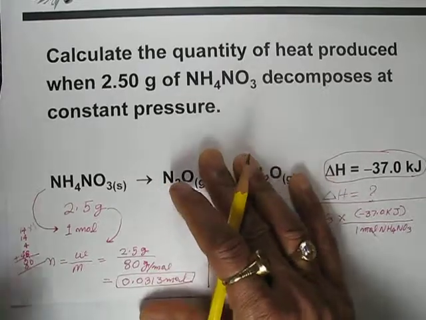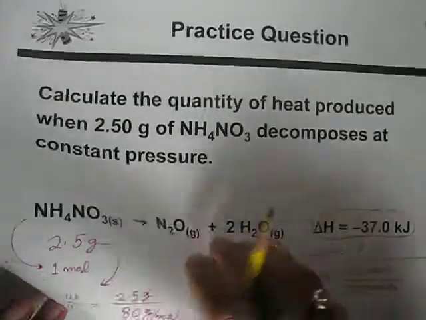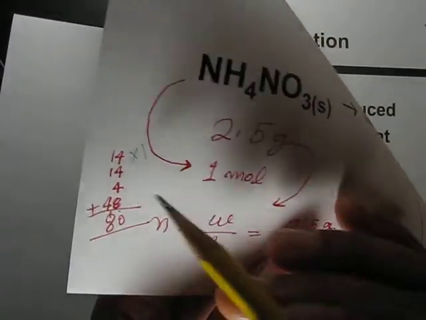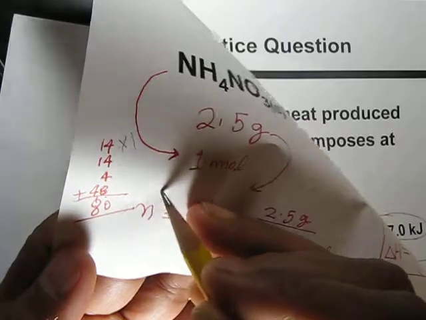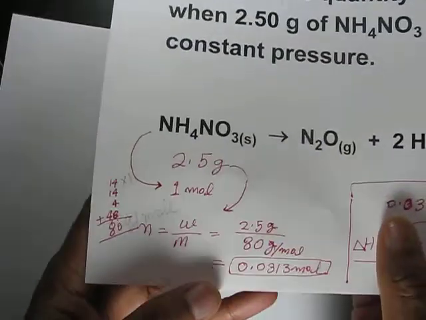So the total molar mass will be 80 gram per mole. So 80 gram per mole will be the molar mass of ammonium nitrate.